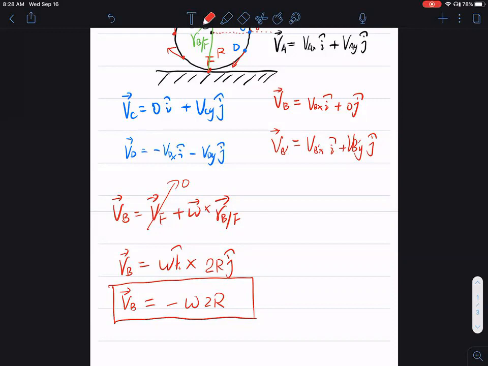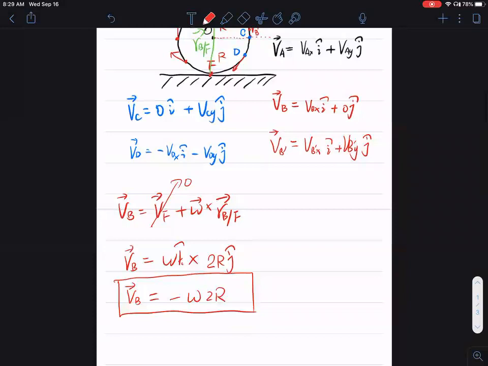At the top of the wheel, the velocity along the wheel is a function of the ratio of the distance from that point to its contact point.